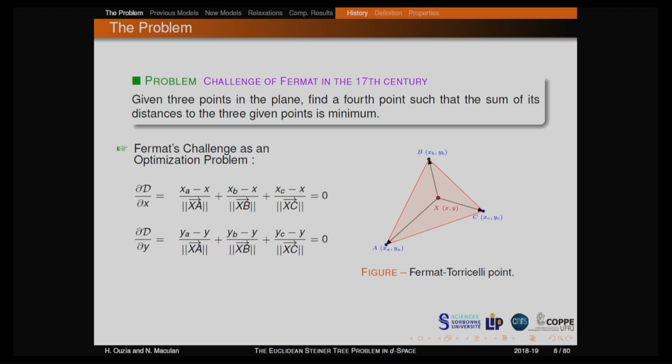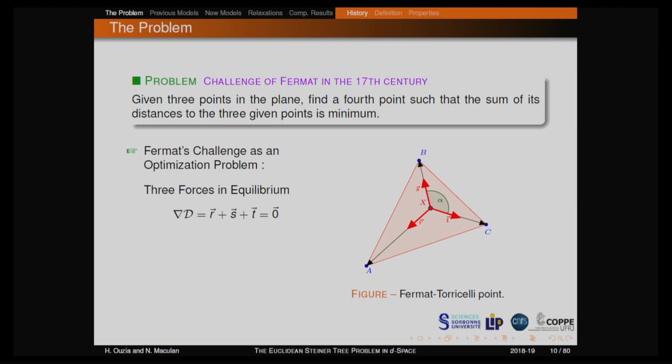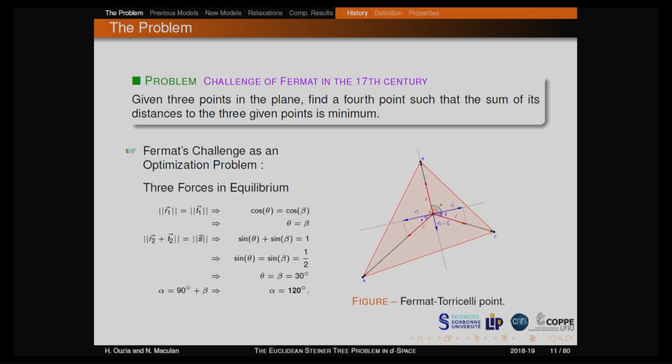this is like equilibrium in physics, where the summation has to be equal to 0. Then you can get these equations and so on, and you could get 120 degrees. It's not difficult, but you have to work. It's another idea of how to solve this problem. But it's very nice to do.